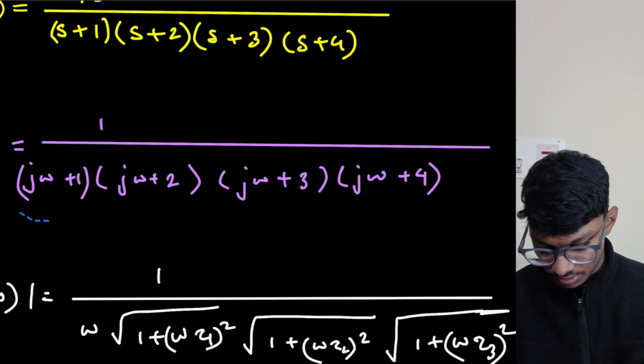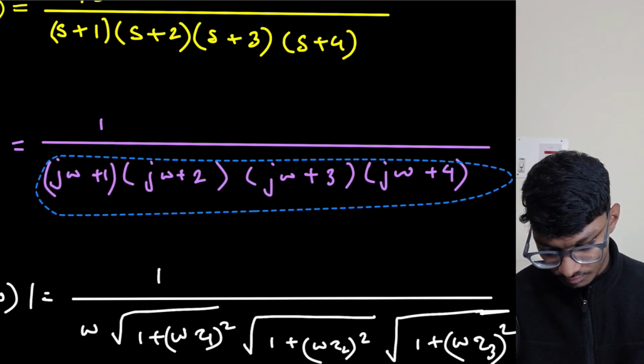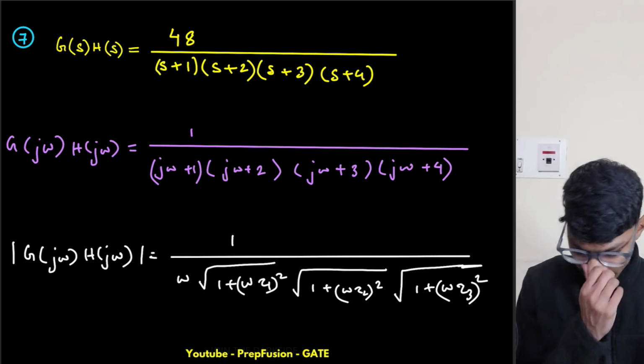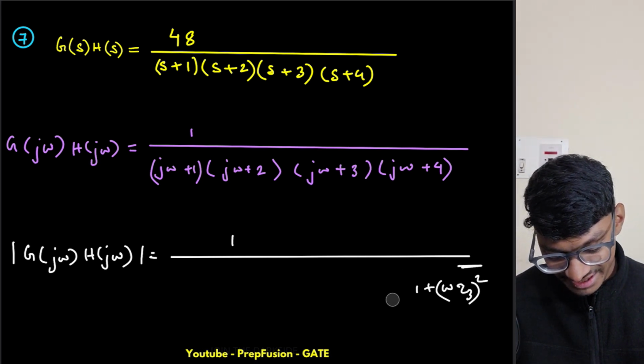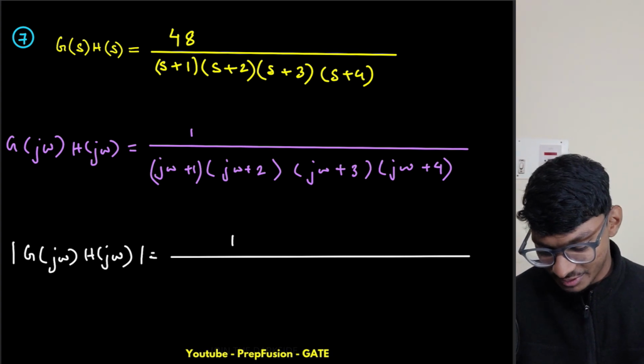So these are the frequency responses. Now what is the magnitude? I have to rewrite this again, so it's a waste of copy pasting, sorry for that.